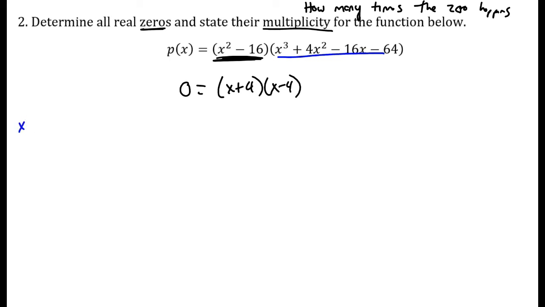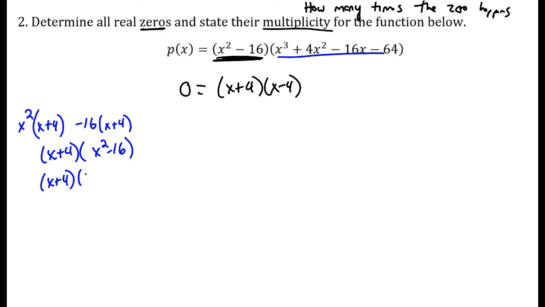From those first two terms, I can take out an x squared. I'm left with x plus 4. I need an x plus 4, so what am I taking out? It looks like I'm taking out a minus 16. So I've got x plus 4, x squared minus 16, which I can factor even more using the difference of perfect squares again, as in x plus 4, x minus 4.